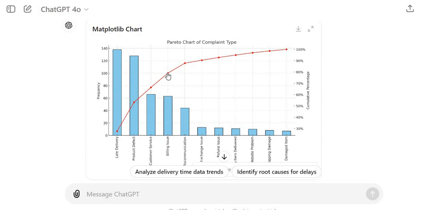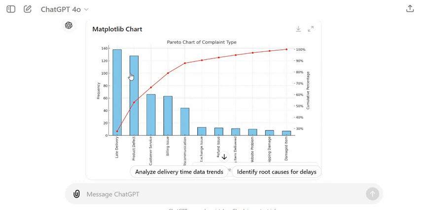So we can see that the first two combined account for about 55% of the complaints, and if we add the next two categories, these are 80% of the total complaints. You can see that we have about 10 complaint types here, but these four are the most frequently occurring. So we should be targeting these for elimination.